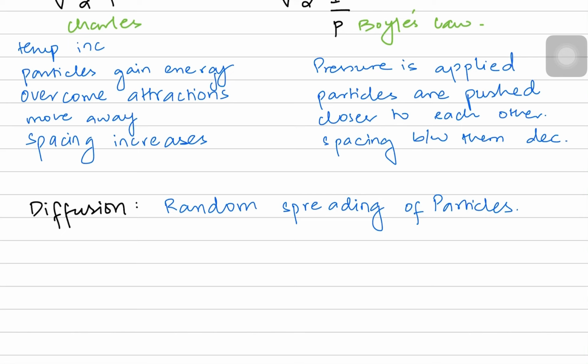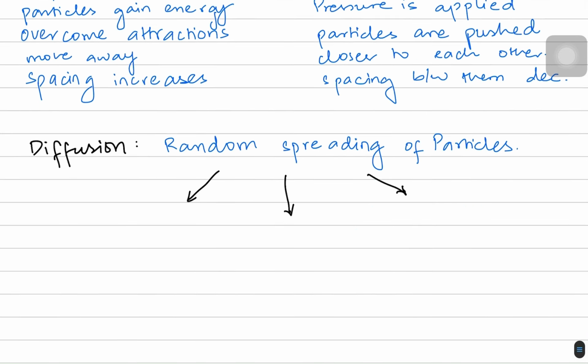Diffusion depends on three things. It depends on molecular mass or atomic mass. It depends on temperature. And the third thing, which is not really important, is the concentration gradient.